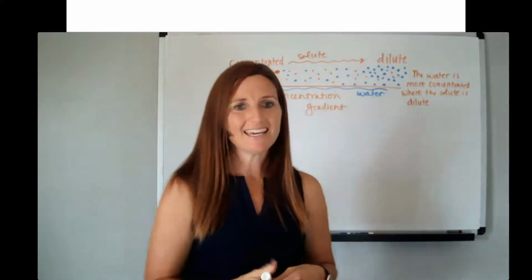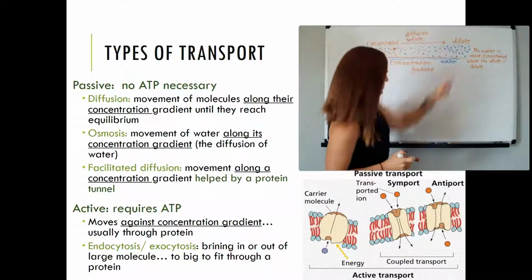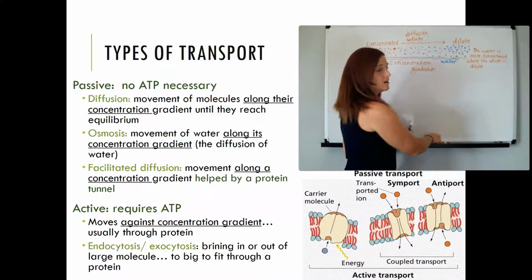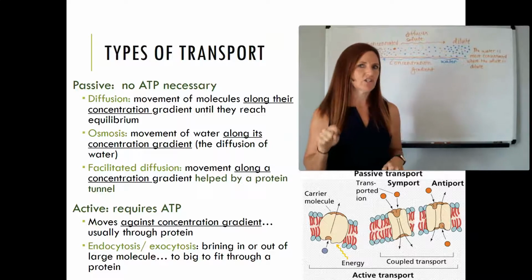And so what we see is that diffusion is the movement of molecules along their concentration gradient. Diffusion of the solute. Diffusion of water is the movement of water along its concentration gradient.